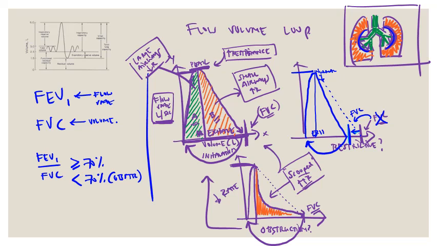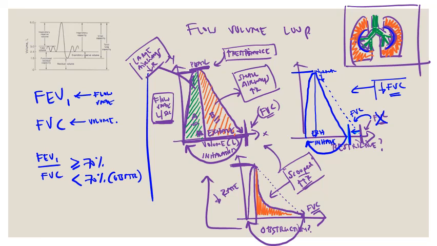So this is exhalation, this is inhalation. So in this example, what we see is a reduction in the FVC and an overall compression of the normal flow volume loop to the left.